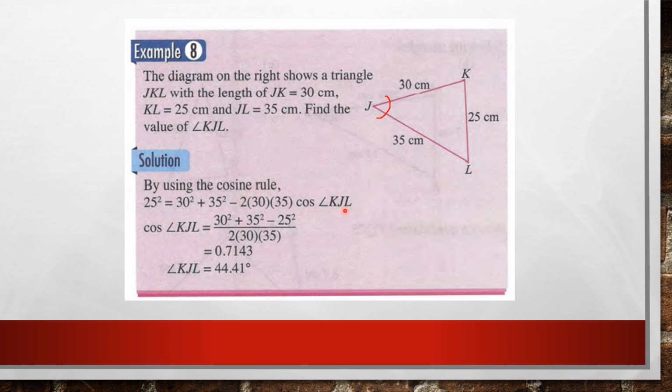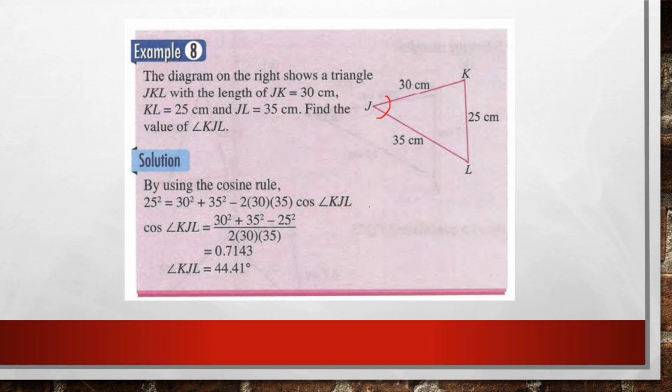You can bring 30 squared and 35 squared, or like this, you can bring this whole thing, 2 times 30 times 35 cos KJL, to the other side.